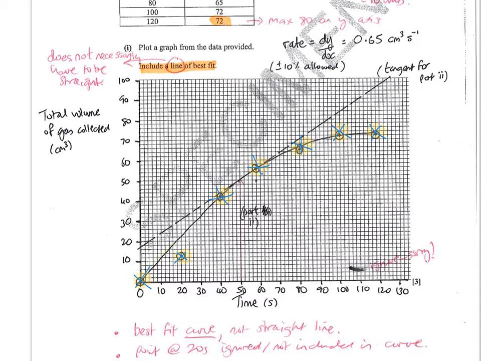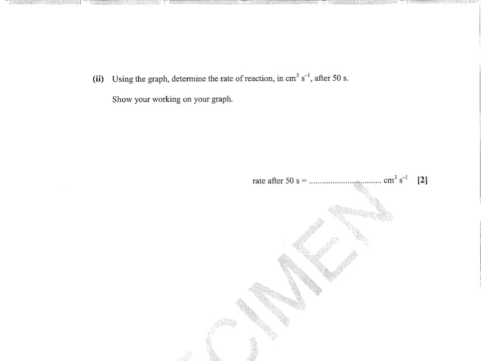Now, you'll see up here, I haven't come to part II just yet, there's a tangent. So if we now have a look at the next question, it asks you to use the graph to determine the rate of reaction. So what that means, in other words, is you have to show that you've actually used the graph. Not just that they can take your word for it, what is the actual evidence that you've actually used the graph.